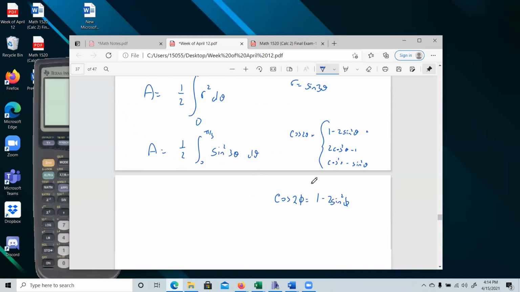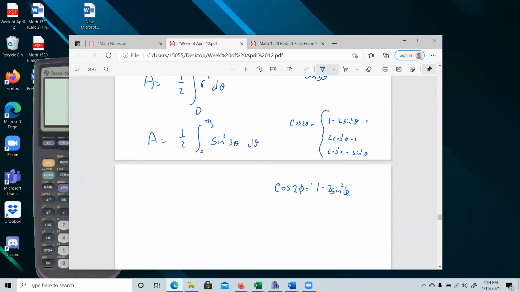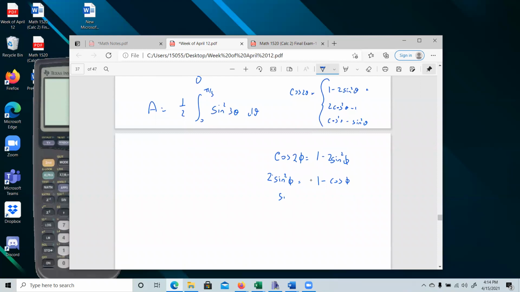Okay, and I will just solve for sine squared. Right, this will come over to the other side. We'll swap the sine squared and the cosine. So it'll be 2 sine squared phi is equal to 1 minus cosine 2 phi. And then we'll divide by 2 and say sine squared phi is equal to 1 minus cosine 2 phi, all divided by 2.